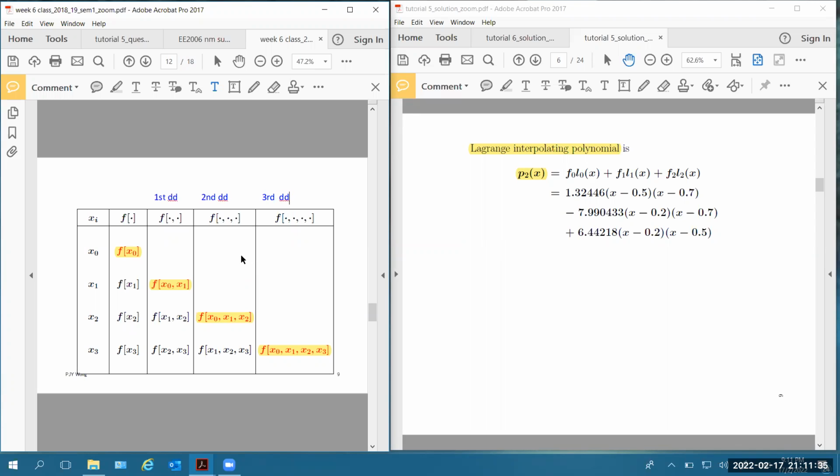Okay, now if you look at the divided difference, before we talk about how to do, you realize that you see here every entry got a number, right? But when you come to first divided difference, you realize that the first entry is blank. All right, so you only get 3 numbers left. Then when you come to second order, now only two numbers left. And you only start from here, right? And when you come to third order, you only got 1 number left.